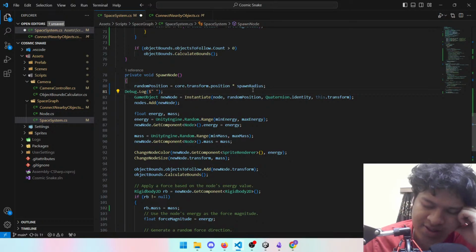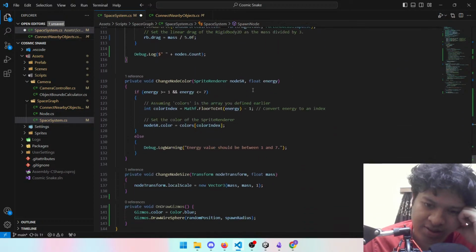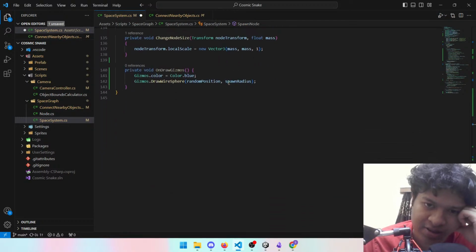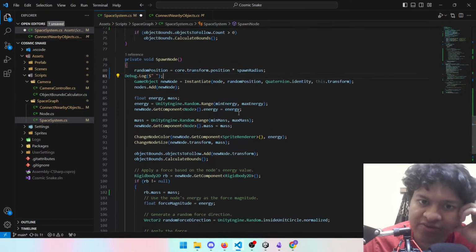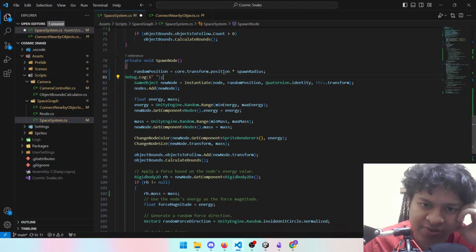Spawn radius draws the circle here, but it's part of the position itself. Random position is a multiplication of the transform position, so basically its center, with the spawn radius.